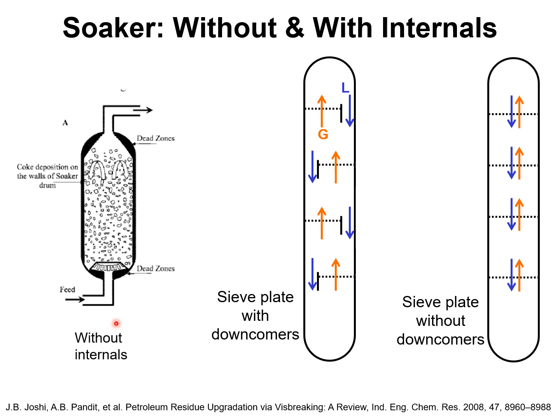In more recent times, the desire to reduce the amount of thermal liquid phase back mixing in the soaker vessel has led to the introduction of internals in the column to prevent the high degree of back mixing. I just show here two configurations: a sieve plate with downcomers and a sieve plate without downcomers.